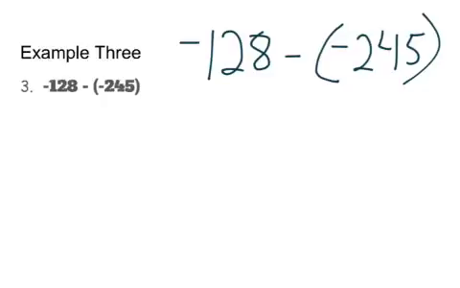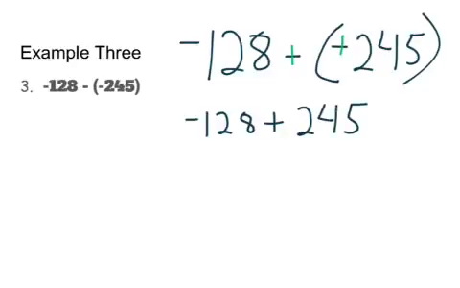Well, if we're subtracting a negative 245, we're going to add a positive 245. So if we rewrite the problem, it's negative 128 plus positive 245. We don't have to write the positive. We know that it's positive if it doesn't have a negative sign.